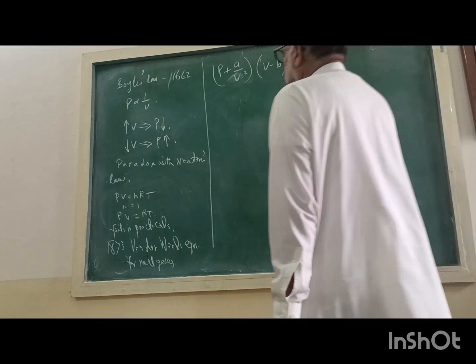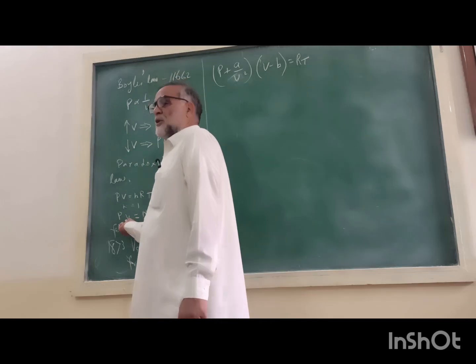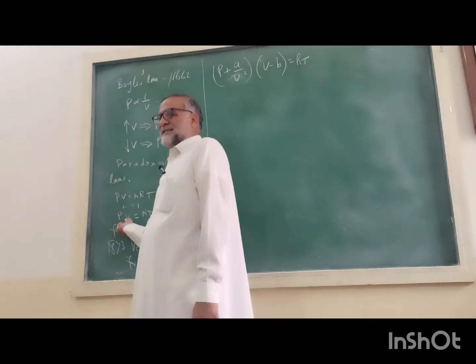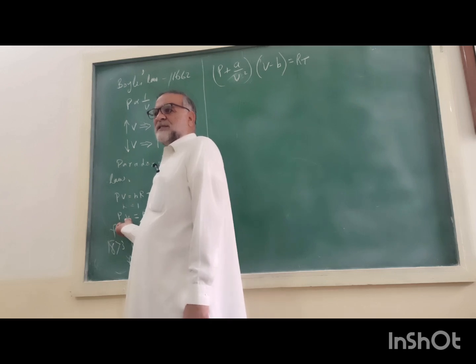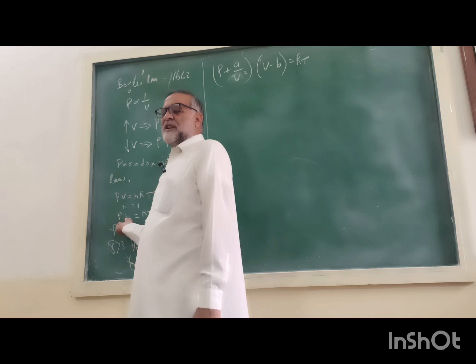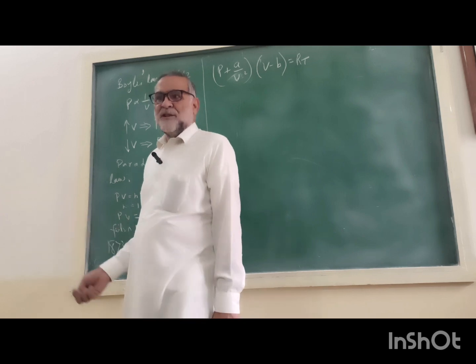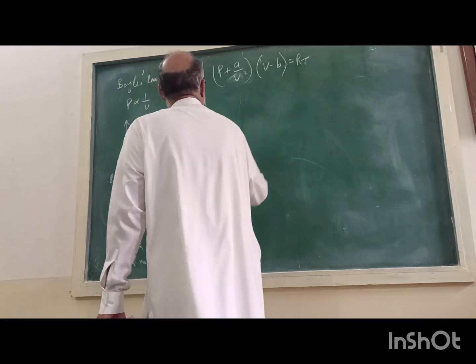And look, it brings about a change in this one. So they replace V by something smaller than V. It subtracts the size of the molecule. Replace V by what?